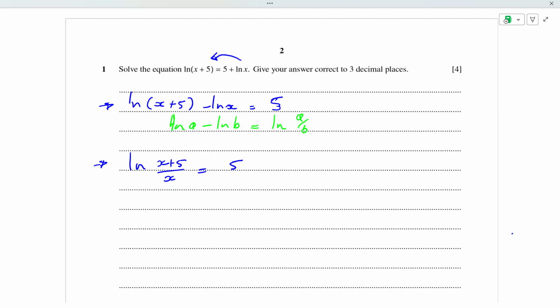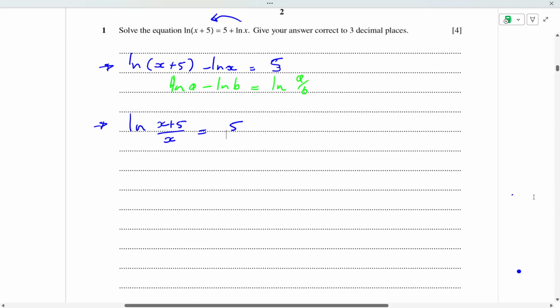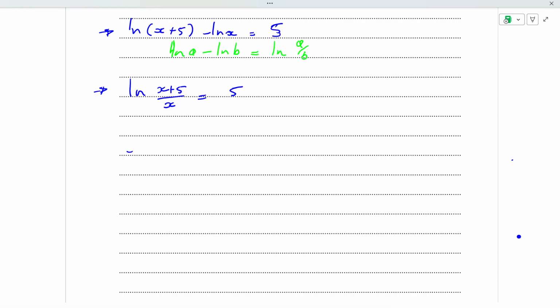Then you take the exponential e on both sides, so you put an e here, to the power of 5. Now when you say e to the power of ln, the ln goes away. So you're left with (x + 5) over x is equal to e to the 5.